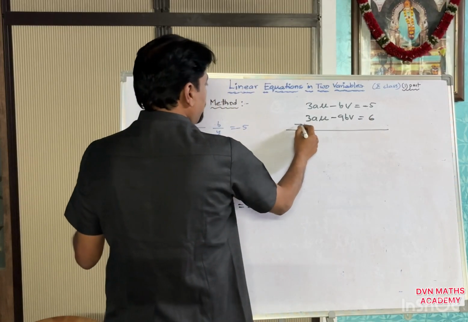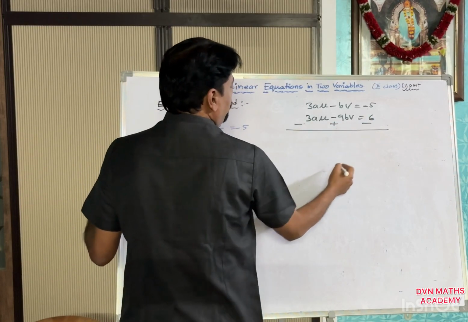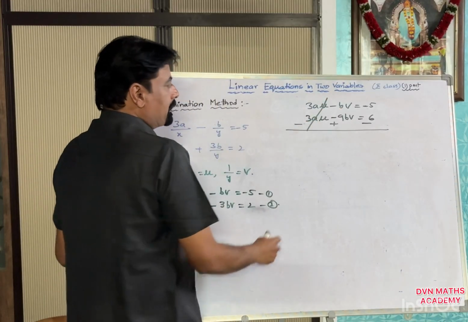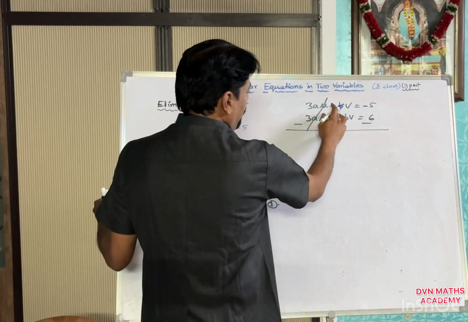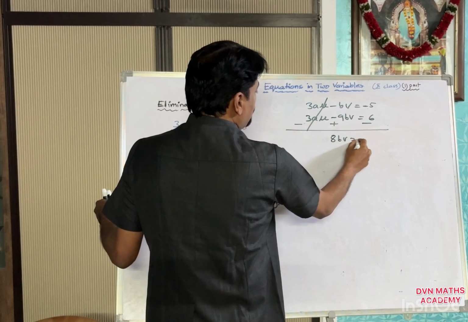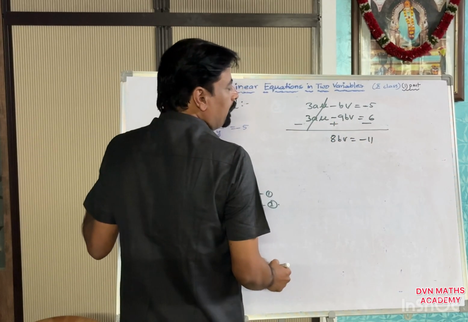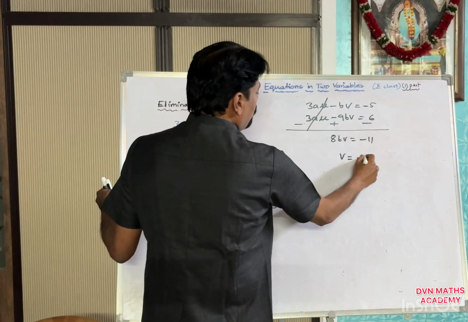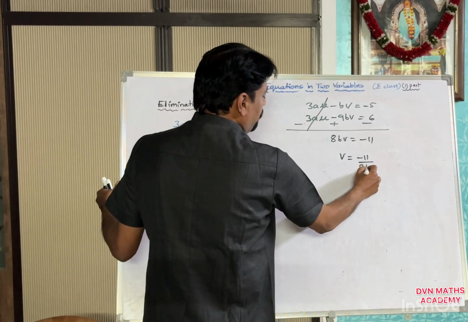If you subtract, this becomes minus, this becomes plus, and these two terms will be cancelled. Minus bv plus 9bv becomes 8bv is equal to minus 11. Now v is equal to minus 11 by 8b.